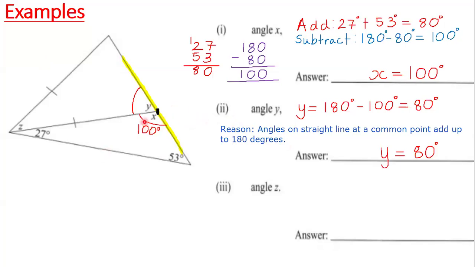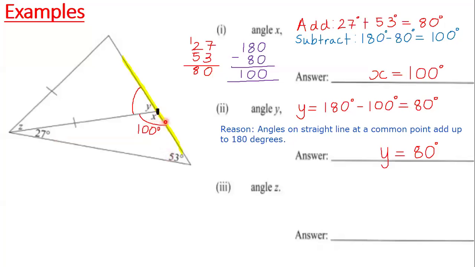You're asking where I got the 100 from? Remember, we had to figure out 100 from the first question. Once we figured out what 100 was, that's how we got x. X is 100. So we added 27 and 53 and subtracted from 180 to get 100.